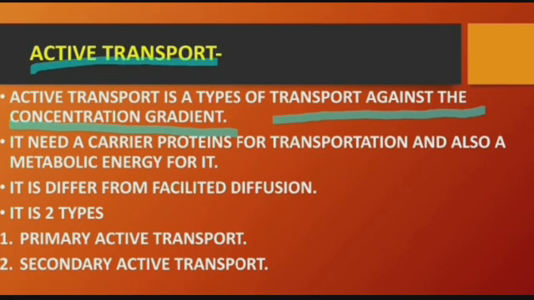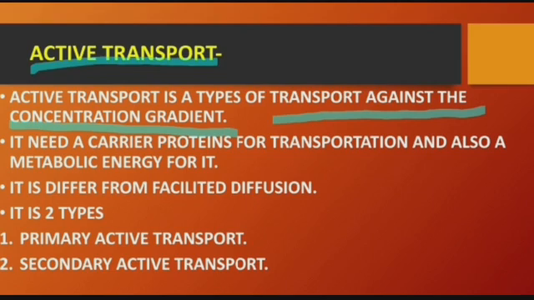The second point is that it needs a carrier protein for the transportation and also metabolic energy for that. As I said, metabolic energy is obtained mainly by breakdown of high energy compounds like adenosine triphosphate, ATP. You all know about that, so I will not elaborate on this.